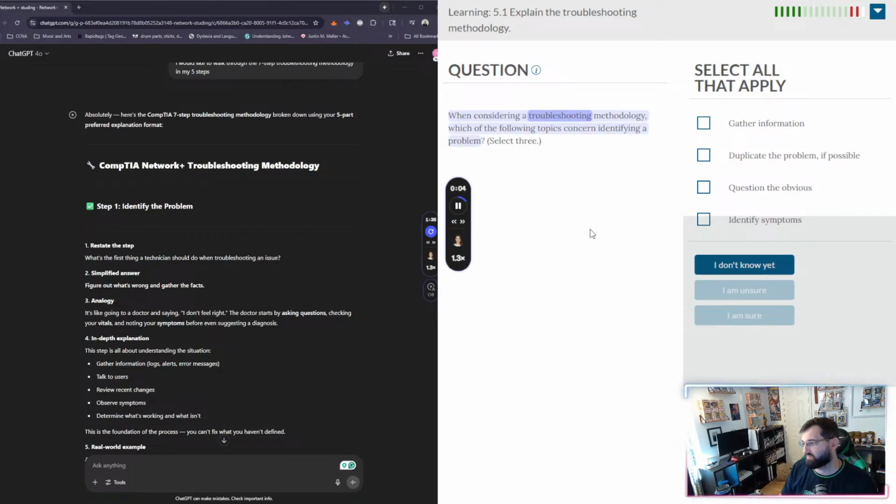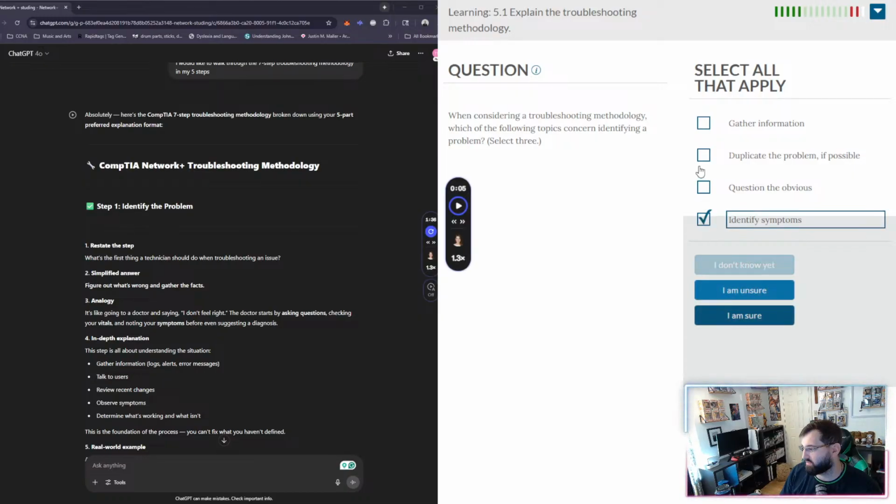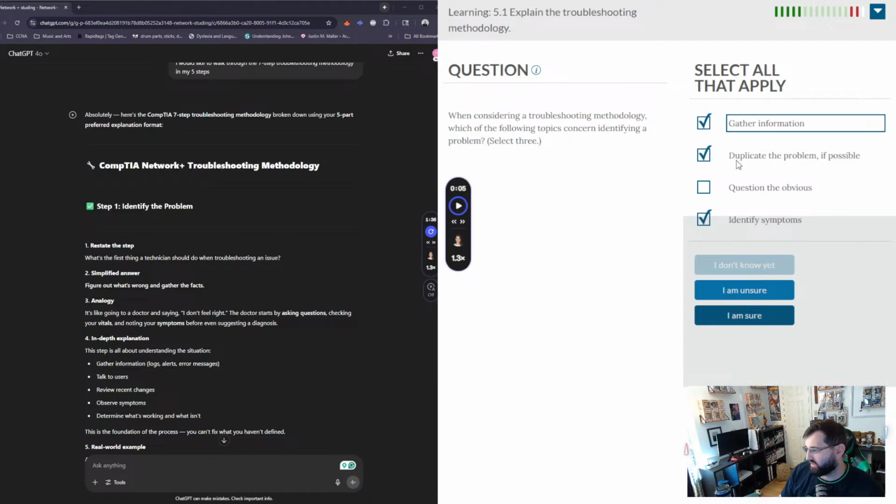When considering a troubleshooting methodology, which of the following topics concern identifying a problem? Identifying symptoms, duplicating the problem if possible, gathering information. Questioning the obvious is actually duplicating the problem.